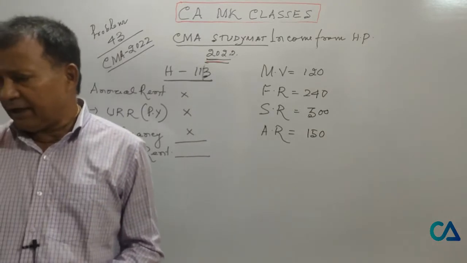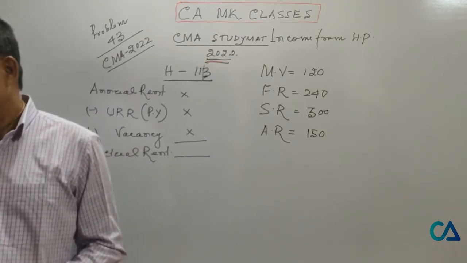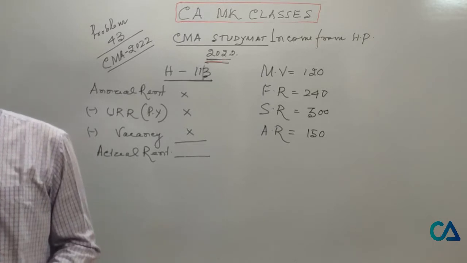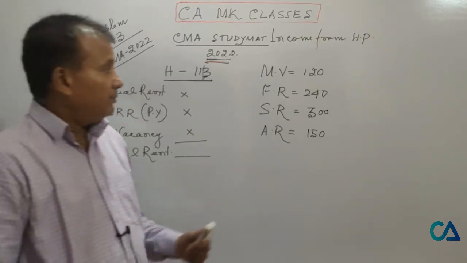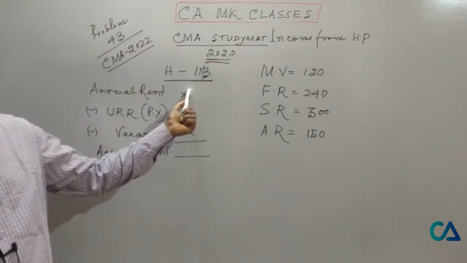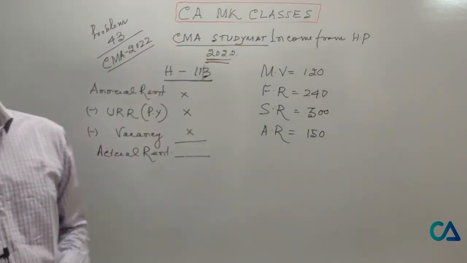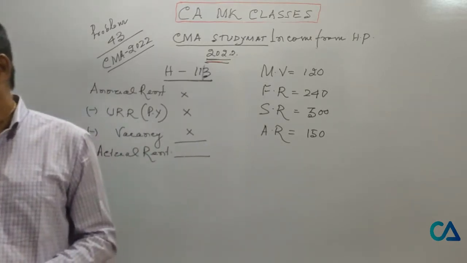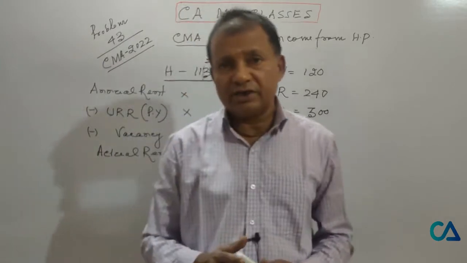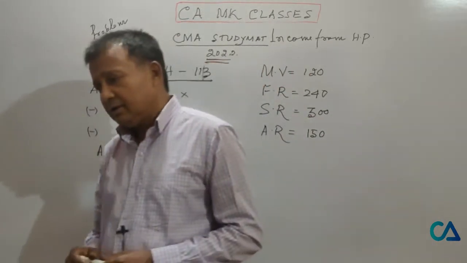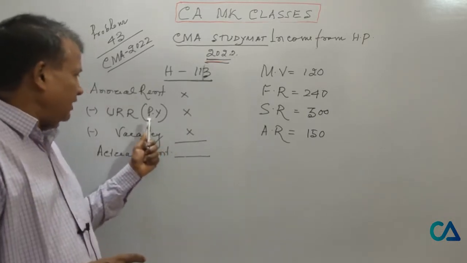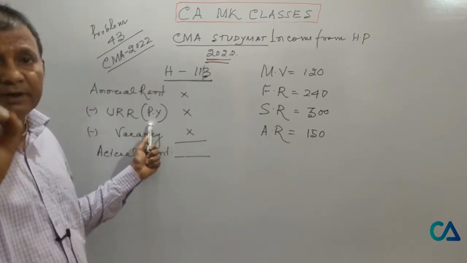And the property remained vacant? There is no vacancy here in house property number 113. But unrealized rent of 21-22, 60, is given. Friends, I am telling you time and again, unrealized rent of the concerned previous year.